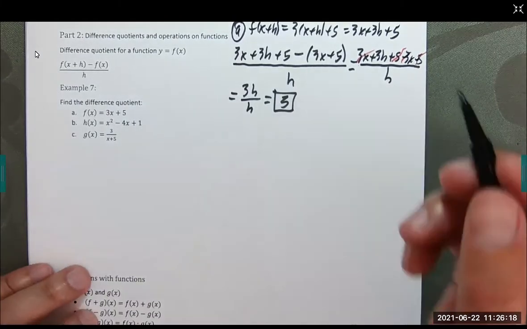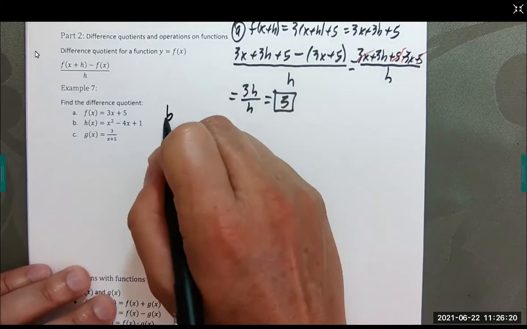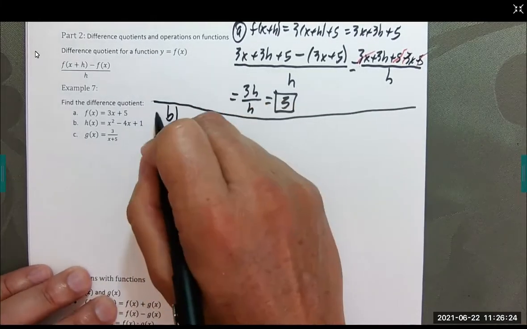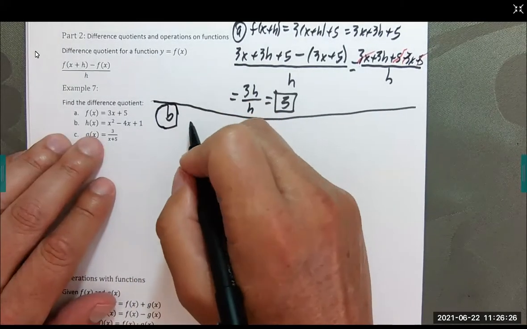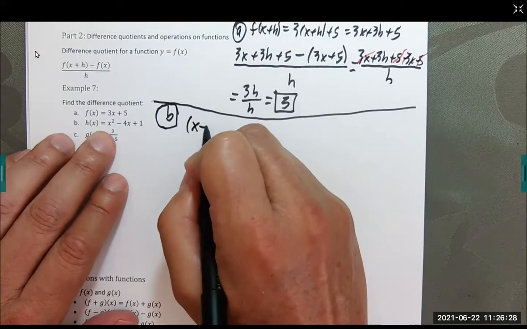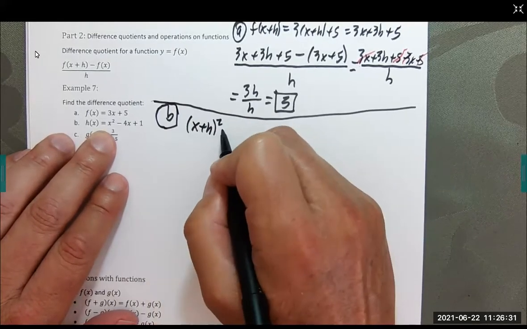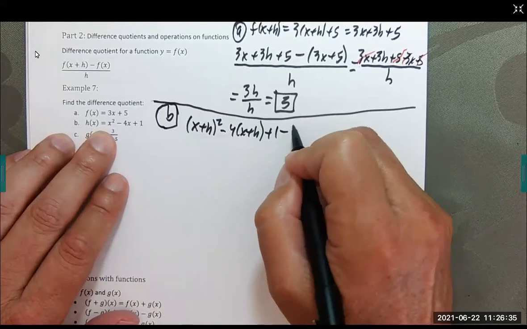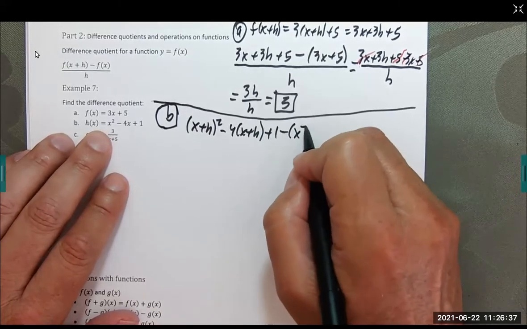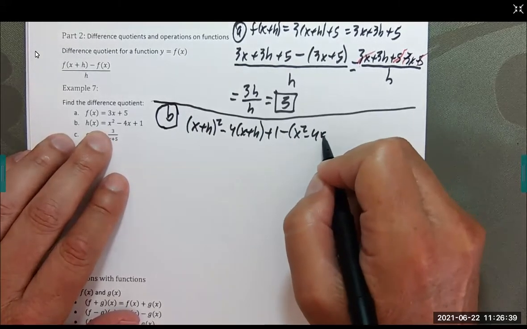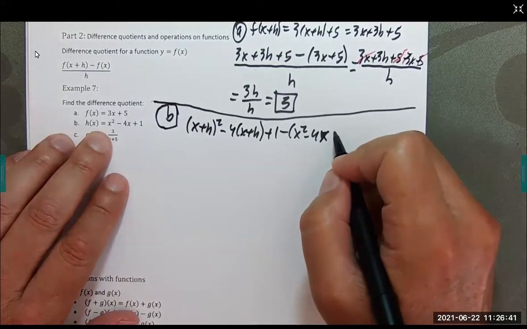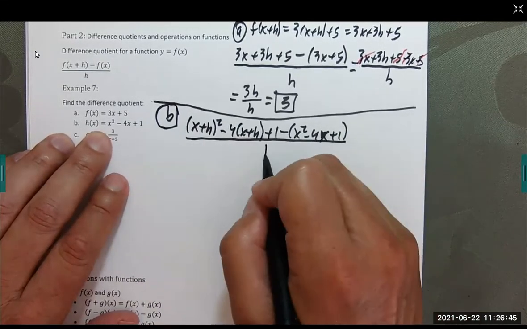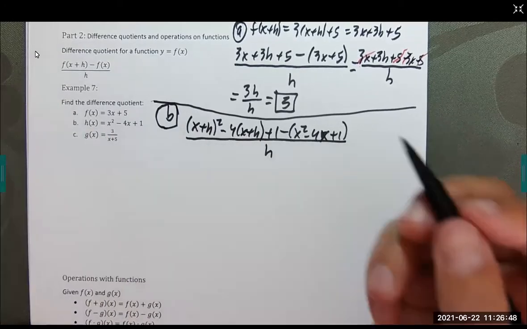Part B is a little more involved. So here I'm going to go x plus h squared minus 4 times x plus h plus 1 minus the function x squared minus 4x plus 1, all divided by h. Let's see where that takes us.